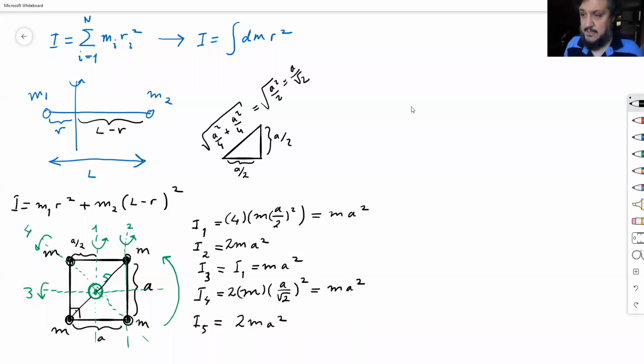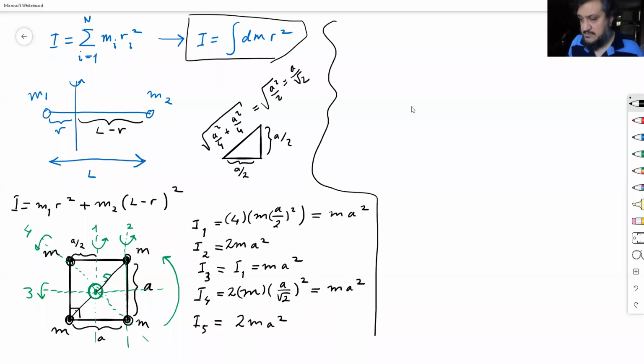All right. Now from point particles, now we move on to continuous mass distributions. All right. Let's start with really basic ones, like a thin rod of length L and negligible thickness or radius.